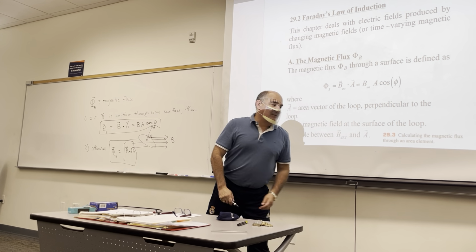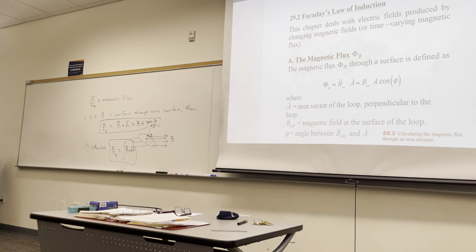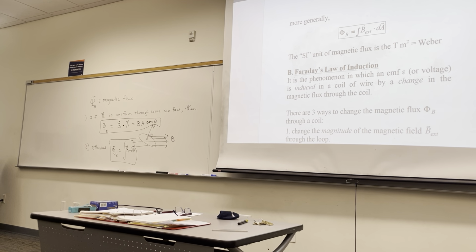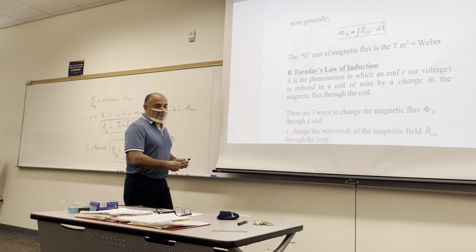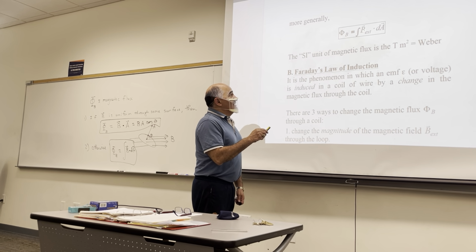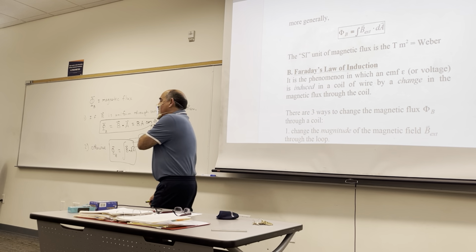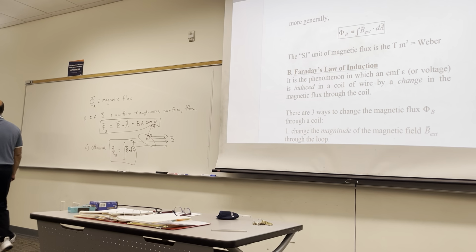Okay. Magnetic flux would have units of a magnetic field, which is in Tesla, multiplied by an area, which is meter squared. So the unit of magnetic flux is Tesla meter squared.